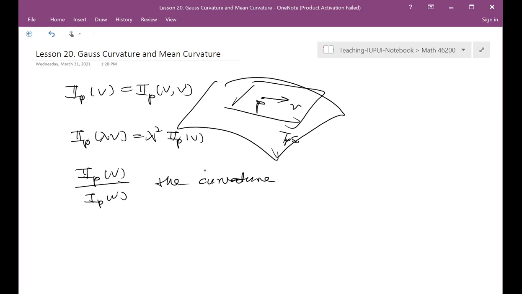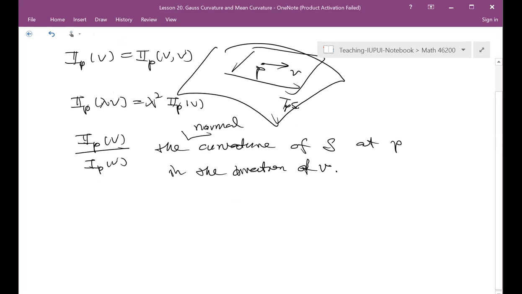Usually we give it the name normal curvature of the surface S at the point P in the direction of v. And it's independent of the length of v you choose.